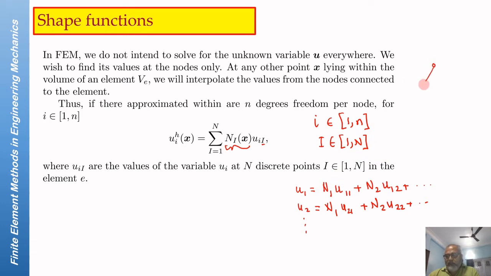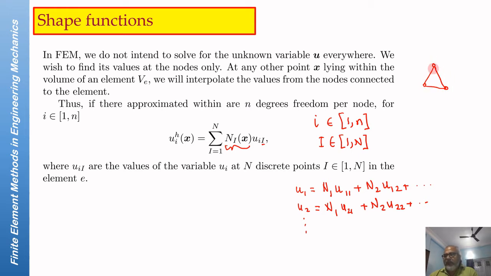So if we have a triangular element, and this is an element that we call a linear triangle, we'll learn more about it, then there would be three shape functions, each connected with one node. So what we are doing here is we are not trying to solve for u exactly everywhere.